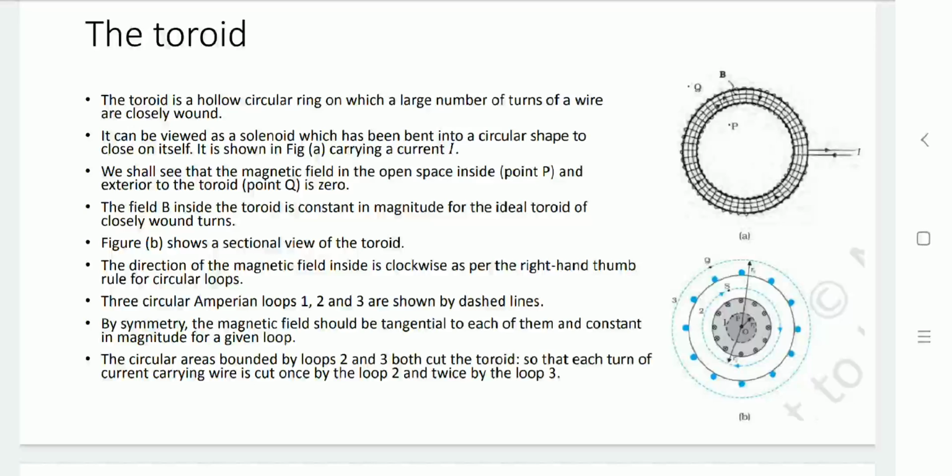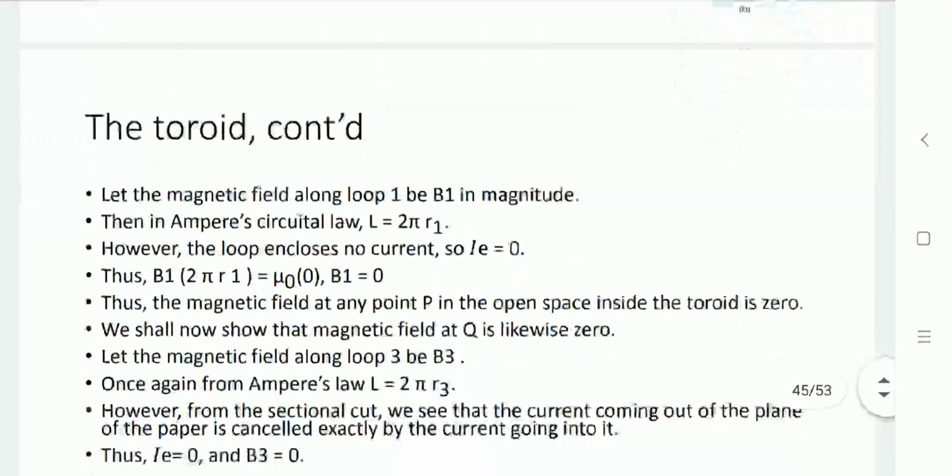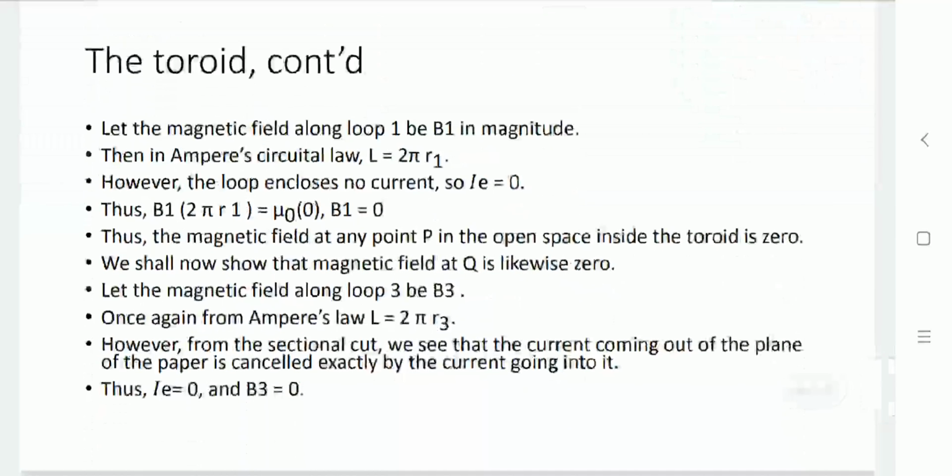So we can say that the toroid is cut once by loop 2, and the toroid is cut twice by loop 3. Now we are going to measure the magnetic field for all these 3 loops: 1, 2 and 3.